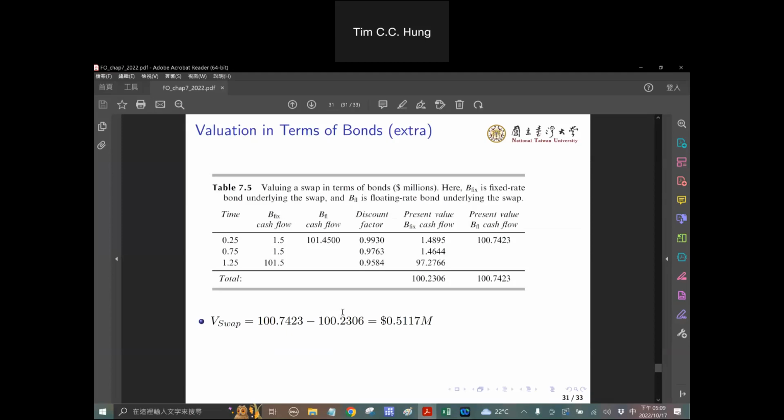That's the reason why we can deduce that the floating bond has a value of 101.45 in 3 months. So what we do is basically discount this 101.45 to present, and then also discount the 1.5, 1.5, 101.5 of this fixed income bond to present, and then just compare the two, and you can get the value of this interest rate swap.